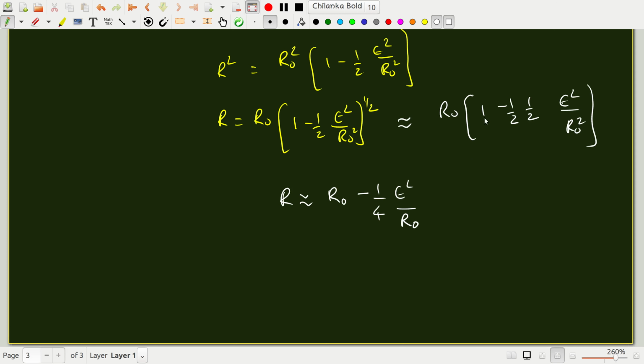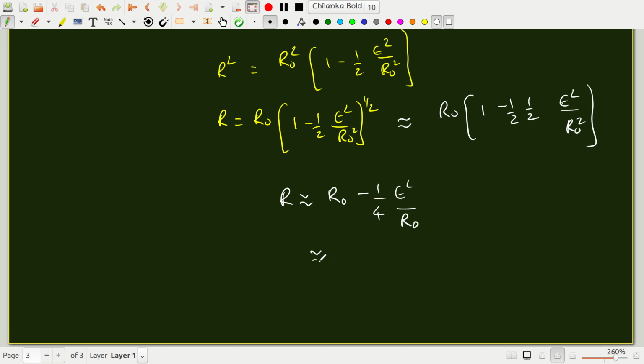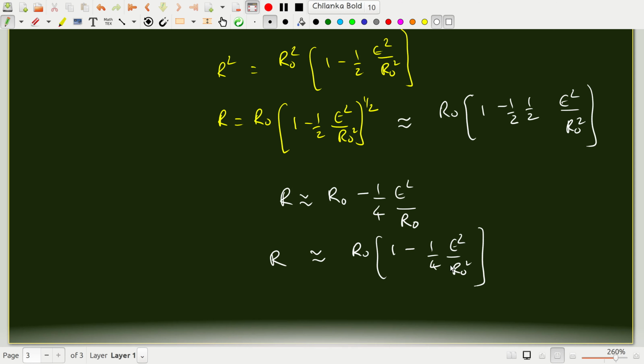It will cancel one of the r naughts. So this tells you that the new average radius, about which the sinusoidal fluctuations are happening, is less than r naught because of this factor. This is always negative, because epsilon squared and r naught squared are positive quantities.